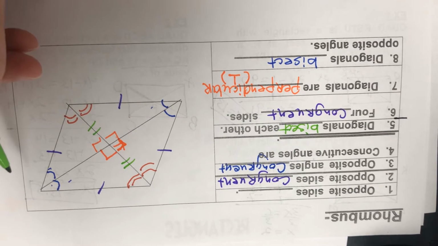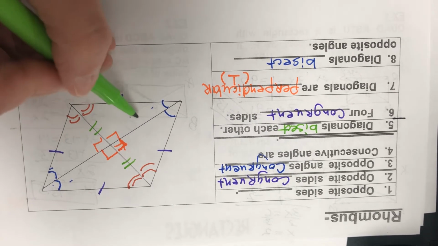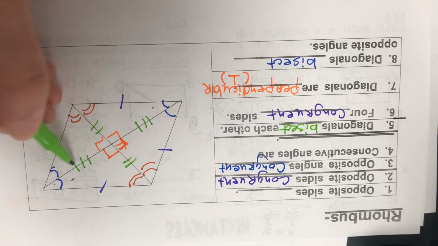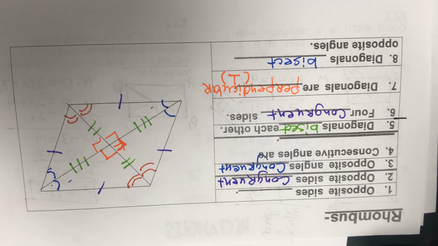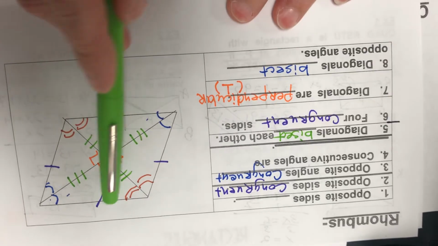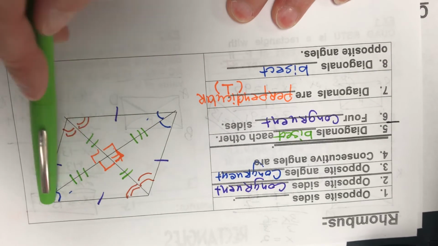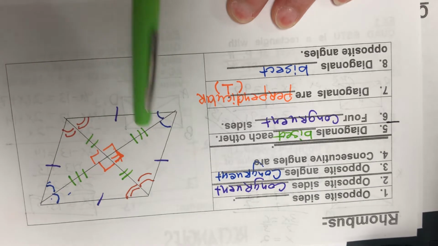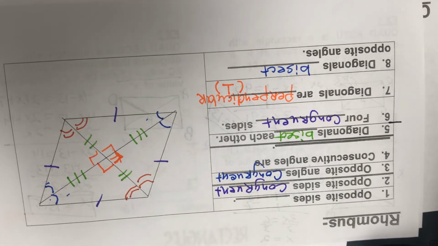Now, diagonals are not congruent in a rhombus. This is congruent to this. The side of your rhombus is your hypotenuse, so this is actually your longest side. So the sides of your rhombus are going to be the hypotenuses of your right triangles.